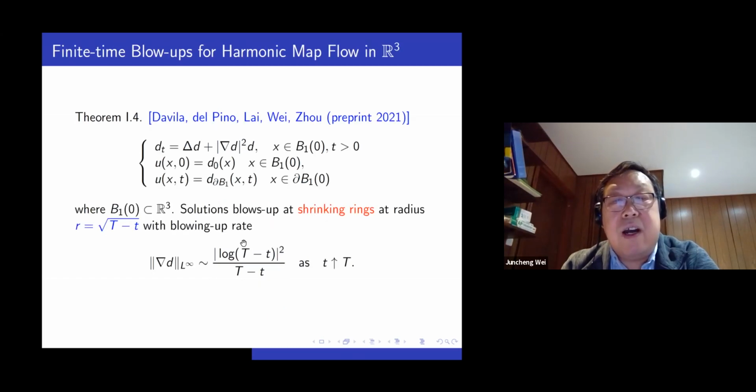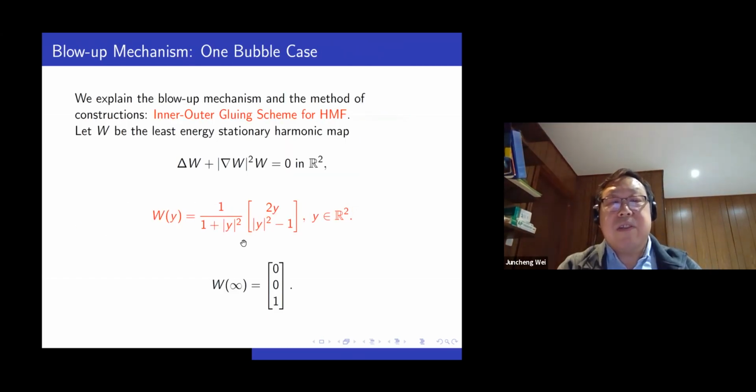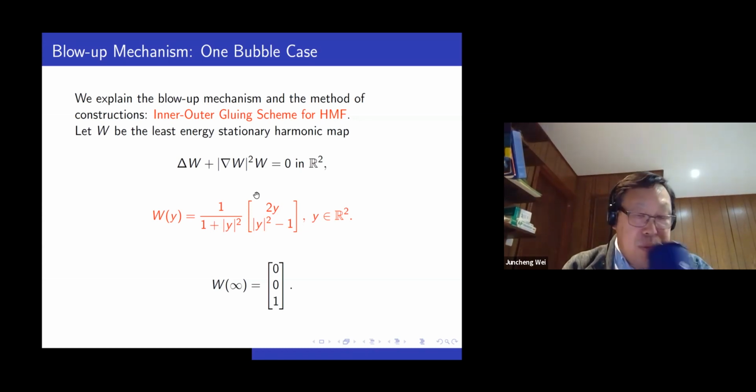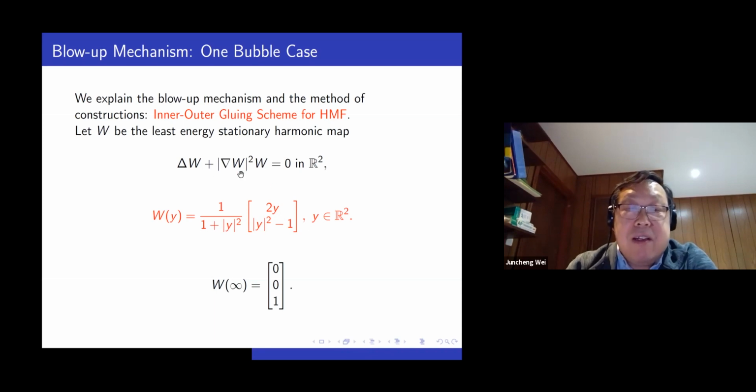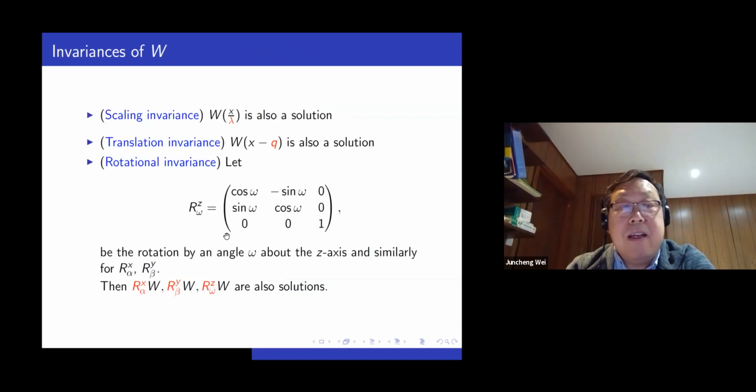Okay, so I want to give a brief introduction to the proof, because I'm going to use this for later constructions. The proof is by the so-called inner-outer gluing scheme. We start with the stationary harmonic map, and you can write down the degree 1 stationary harmonic map precisely, and you have scaling invariance, translation invariance and rotation invariance.